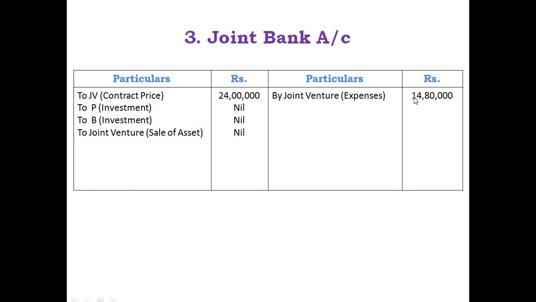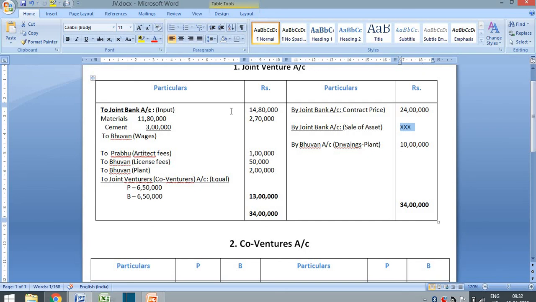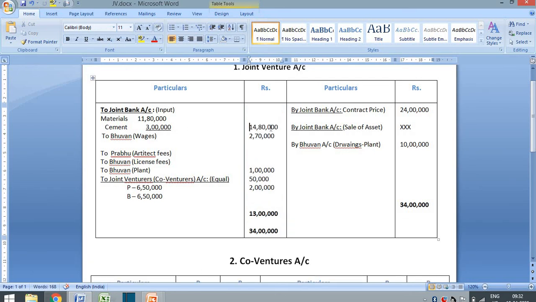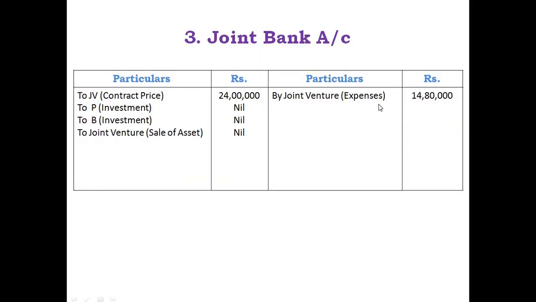This is the total input. See here, in the joint bank account, the total is 11 lakh 80 plus 3 lakh, that is 14 lakh 80,000 we got. This is the total of input. The total input I have taken, so this amount is taken from joint venture. Therefore, in the joint bank account you cannot write bank account, so I have taken by joint venture.